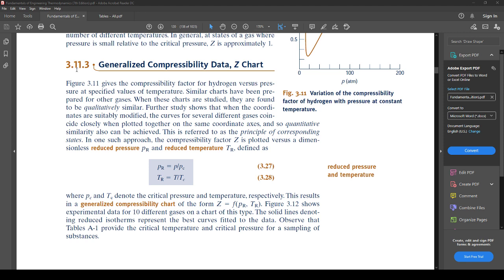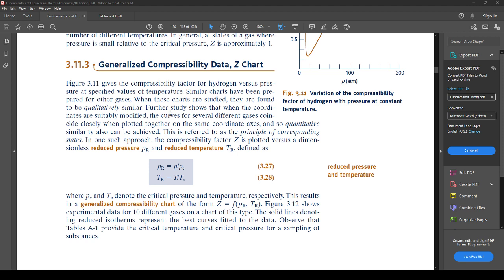Figure 3.11 gives the compressibility factor for hydrogen versus pressure at specified values of temperature. Similar charts have been prepared for other gases. When these charts are studied, they are found to be qualitatively similar.